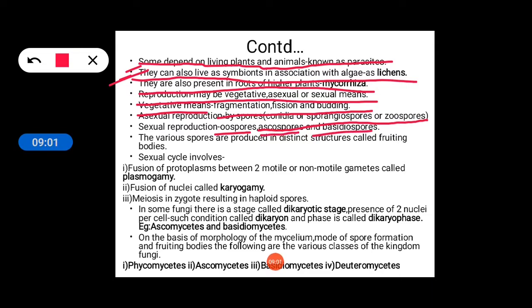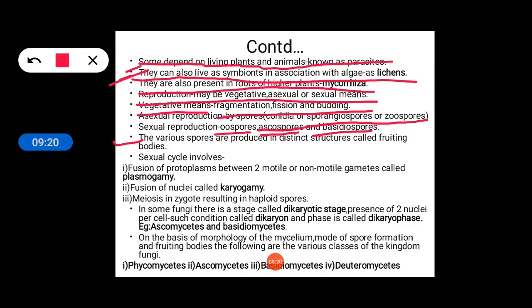The various spores are produced in distinct structures called fruiting bodies, where these spores are formed.